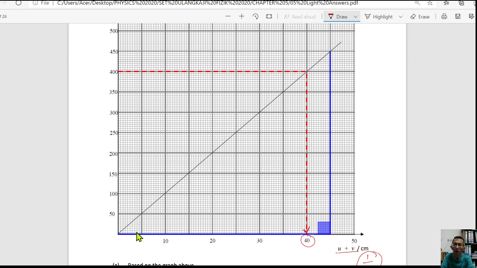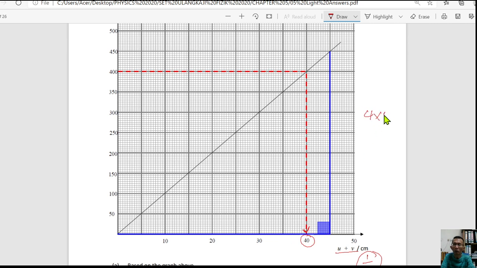The size of this triangle is either 4 by 4, to be safe. This 4 by 4 actually means you are using 2 cm, so if I multiply by 2, that will be 8 cm. It's not enough just to draw the triangle.